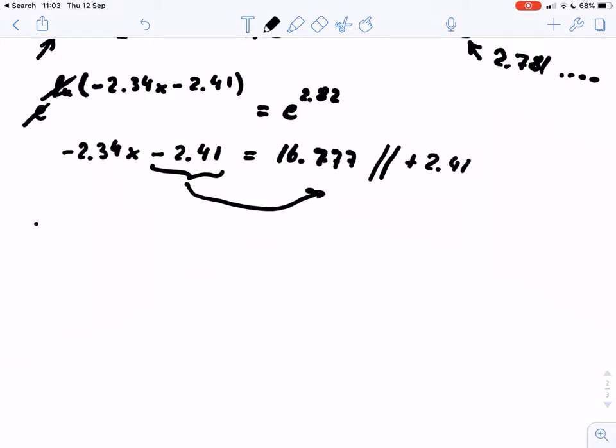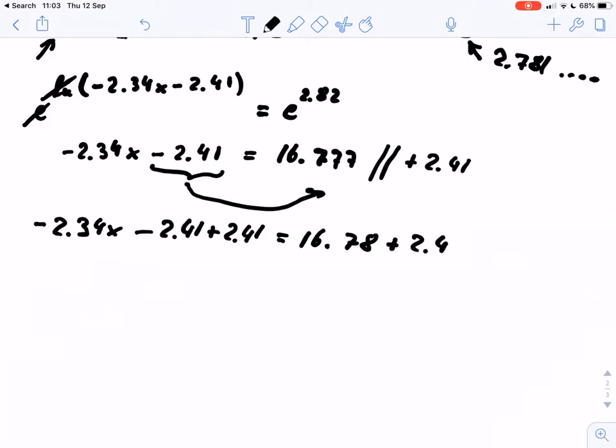So we have got minus 2.34x minus 2.41 plus 2.41 equals 16 point, and I write 78 because I've got only 4 significant figures here, plus 2.41.